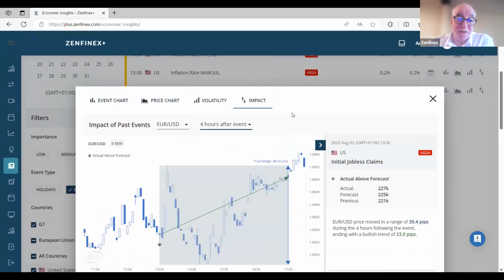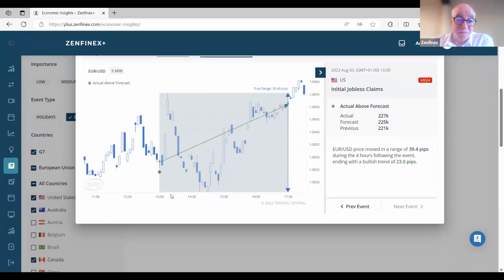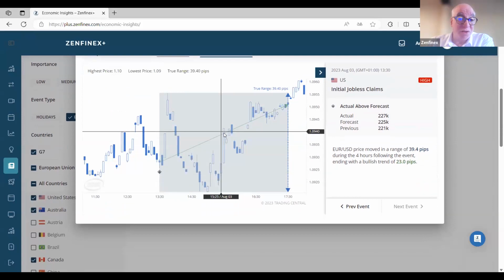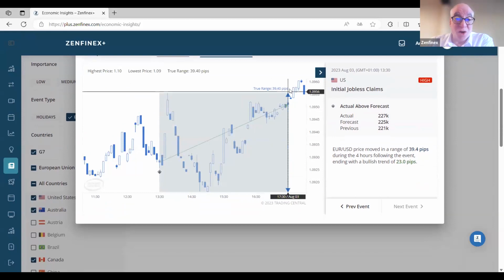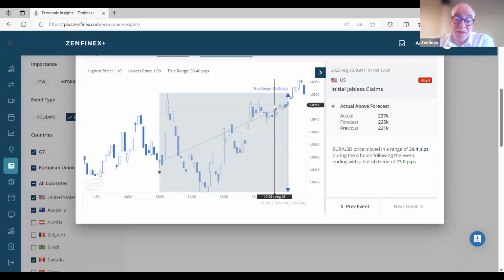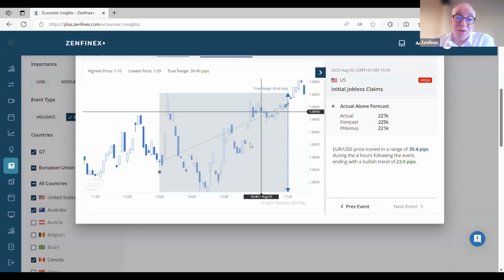And then after that settles down, so the news came out 1:30 here. It took a good hour for it to find a level before it started moving in the direction it wanted to. So again, come to this portal and look at how, particularly when you have upcoming news, particularly when it's important news, do a little bit of research.